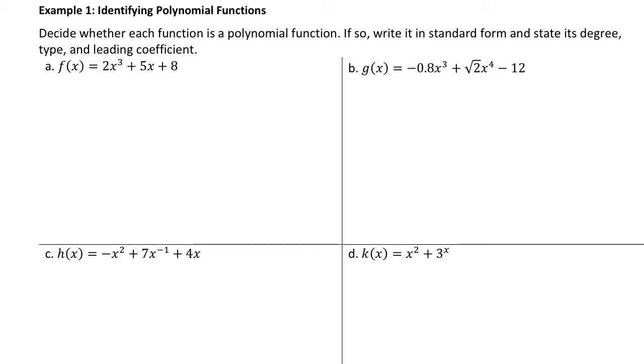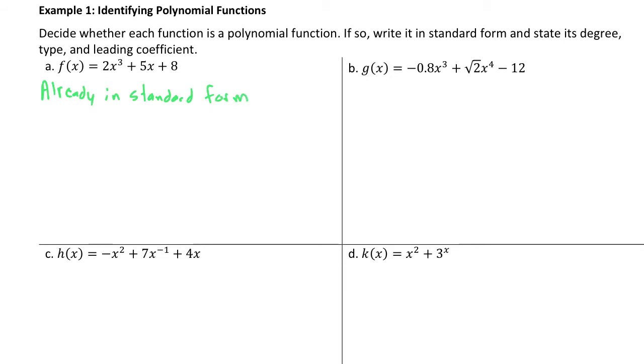And for that function to be in standard form, the highest degree has to be first, the second highest second, and then in descending order. So this is a polynomial, and this is already in standard form, so I'm just going to write already in standard form. If this weren't a polynomial, I would write not a polynomial.